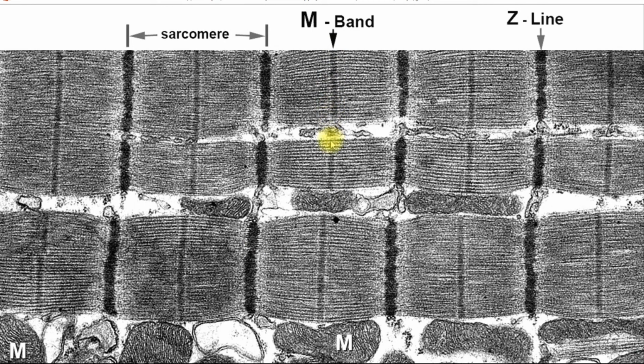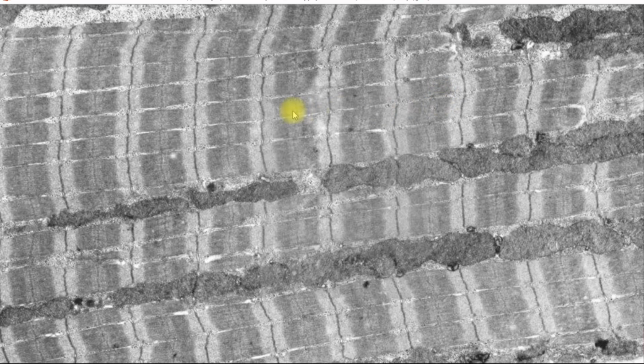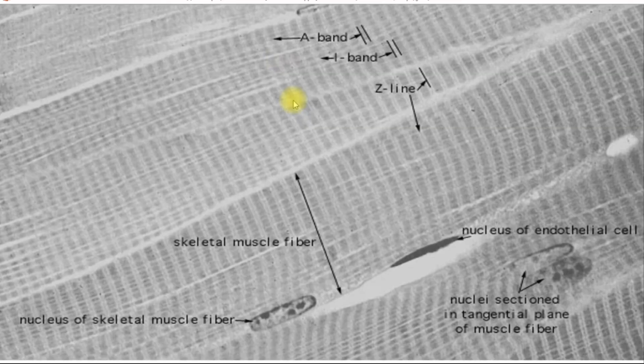Here we can see the M-band, the mid part of the sarcomere. Here we can see Z-lines. It's the I-band where only actin is present, and the A-band where myosin is present. Light band, dark band, and inside the light band we have the Z-line. Inside the dark band we have the M-line.